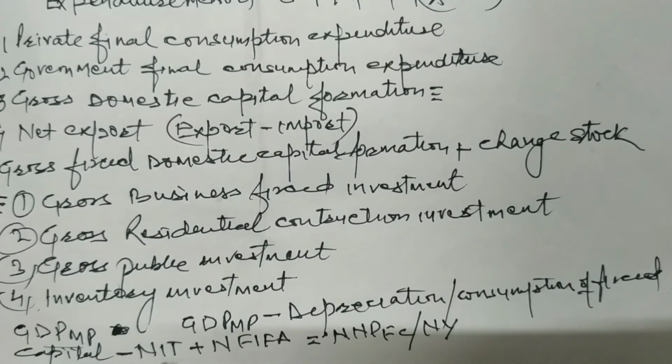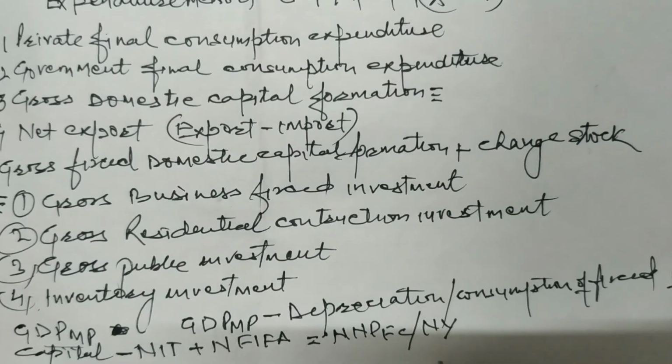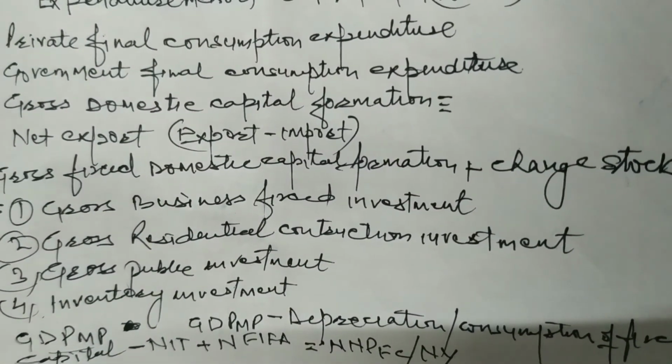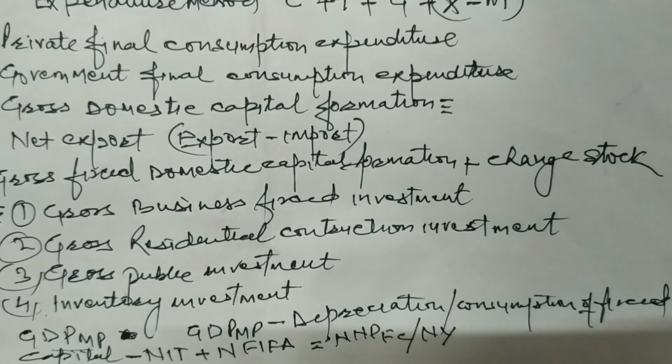We will have NDP at market price minus net indirect tax, which is the difference between indirect tax and subsidy. So we will have NDP at factor cost. NDP at factor cost plus NFIA, net factor income from abroad. Then we will have net national product at factor cost, which is also known as national income. So this way we calculate national income by expenditure method.